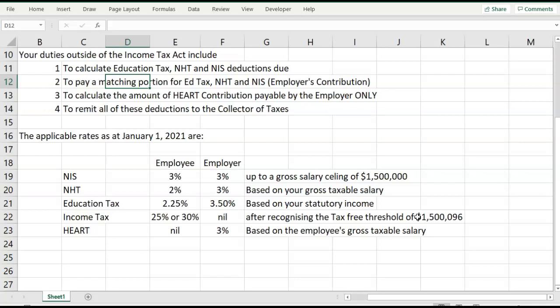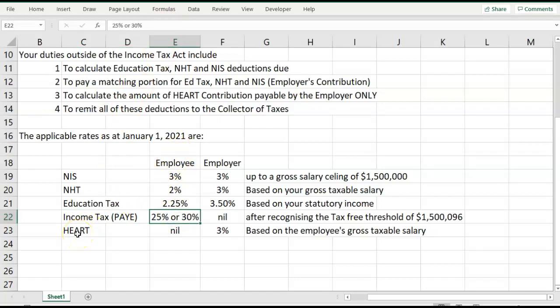If you earn anything over $6 million, that portion will be taxed at 30%. Now notice that the income tax, also known as PAYE, and let me put that in, the income tax, there is no comparative for the employer. So only the employee pays income tax.